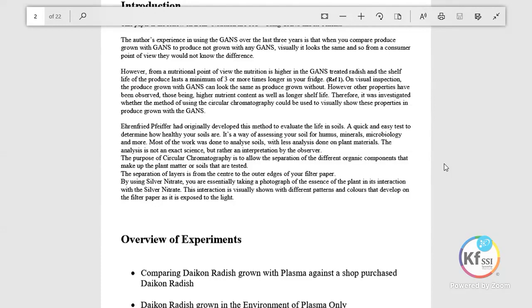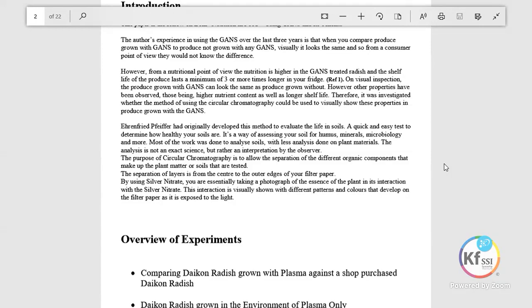It was a quick way to determine the health of any soils, assessing the humus, the minerals, the microbiology, and more. Most of the work done with this analysis was on soils. Very little was done on plant material. This analysis is not an exact science, but rather an interpretation by the observer.